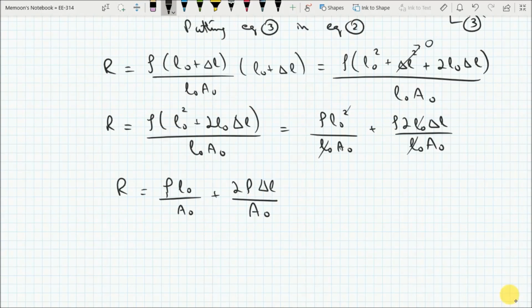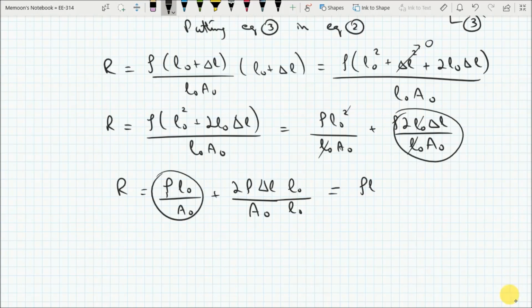If we multiply and divide this by L₀, or we just don't cancel this L₀ from this expression, we can take ρL₀/A₀ as common, so this can be written as R = (ρL₀/A₀)(1 + 2ΔL/L₀).